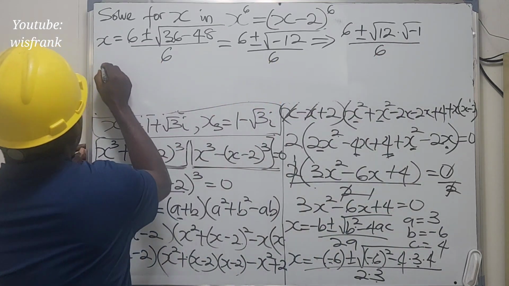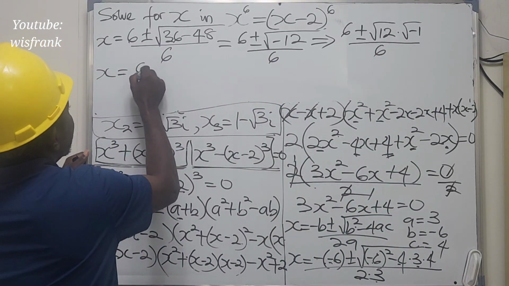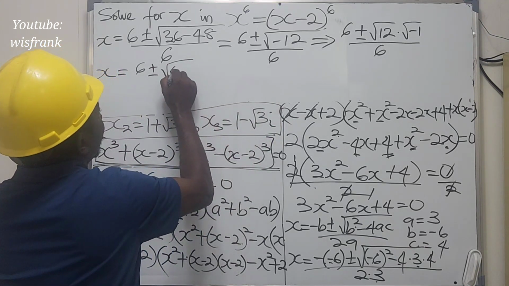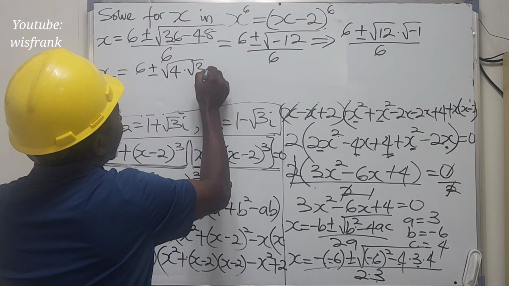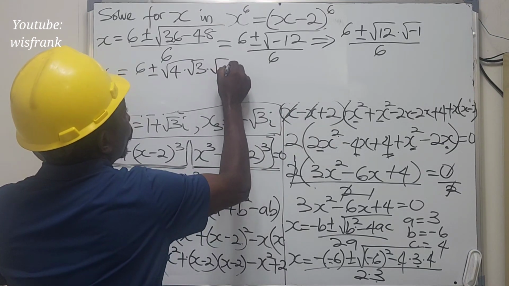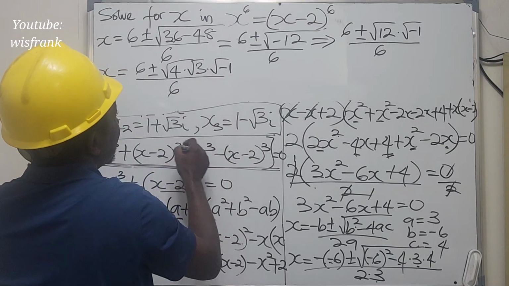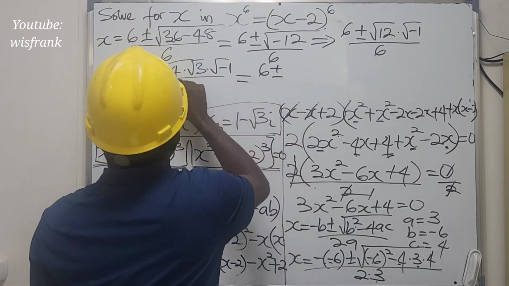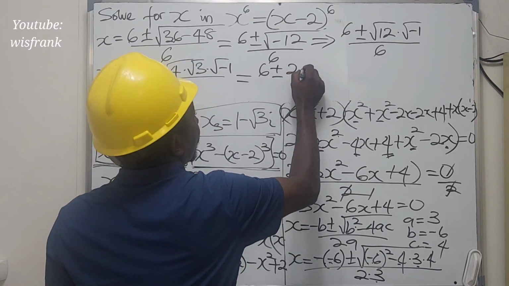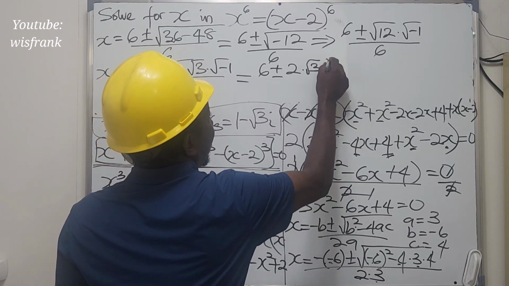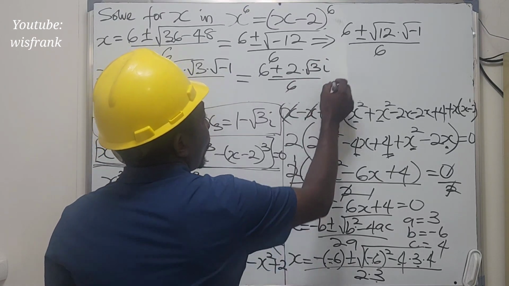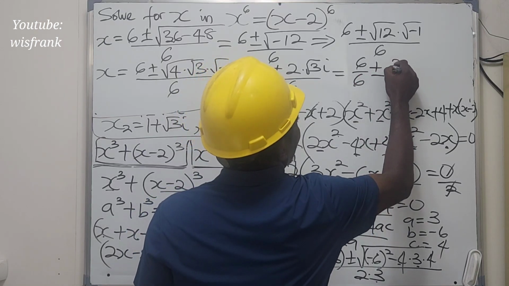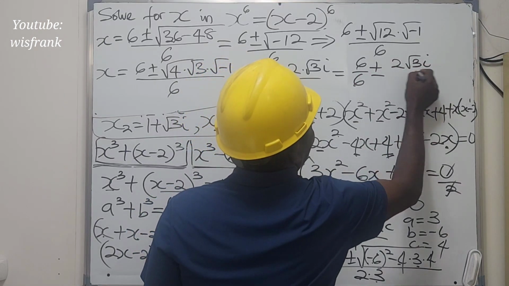So in this case, our value of x equals to 6 plus or minus square root of 12 is same thing as square root of 4 times square root of 3 times square root of minus 1 all over 6. So this is same thing as 6 plus or minus square root of 4 is 2 times root 3i all over 6. We have it as 6 all over 6 plus or minus 2 root 3i all over 6.